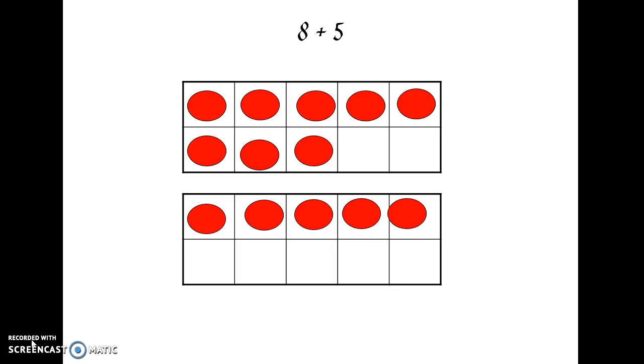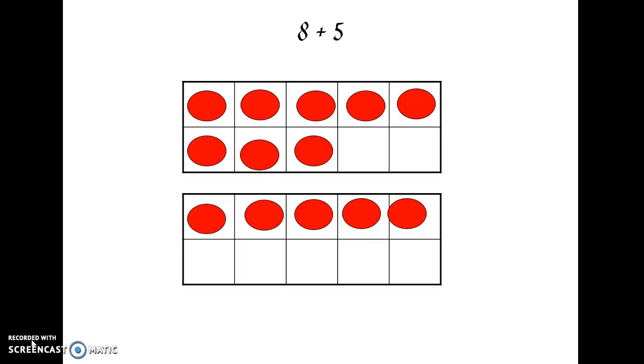Right now we have a 10 frame representation that matches our problem at the top of the screen, 8 plus 5. My question at this time to kids is, without adding any counters to our 10 frames, is there a way to fill the top 10 frame so it is filled with all 10 counters?